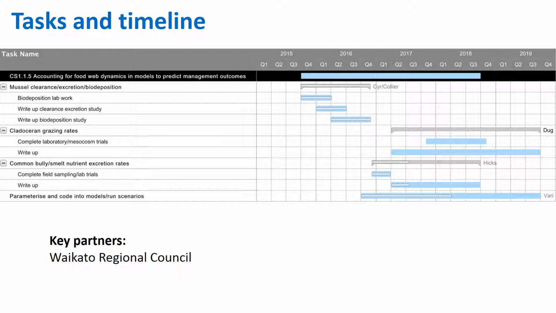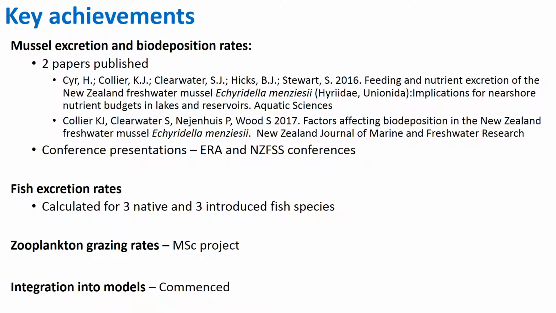Thirdly, a project on common smelt and common bully nutrient excretion rates. And finally, integrating some of these measured parameters into model code for use in lake water quality modelling. And a key partner in this work is Waikato Regional Council.